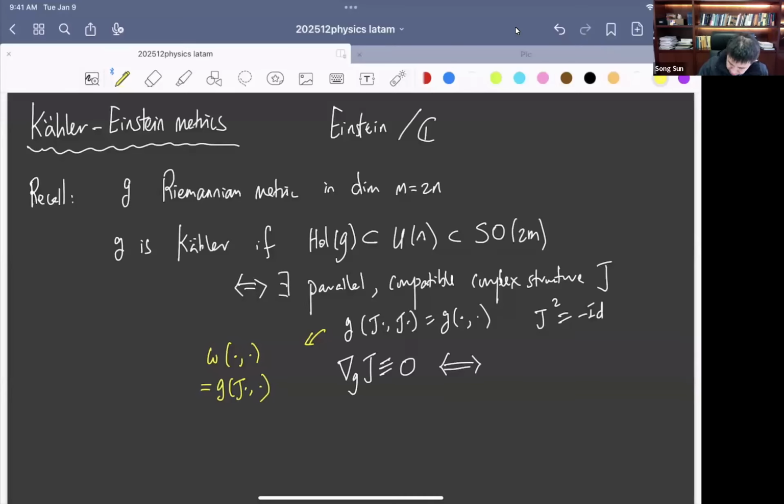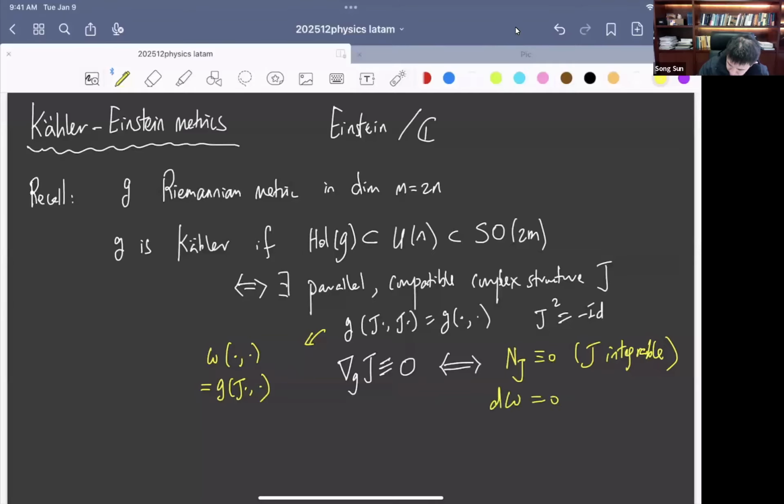So this parallel condition can be decoupled into two conditions. One is that J is integrable, so you can locally find holomorphic coordinates, and omega is closed.